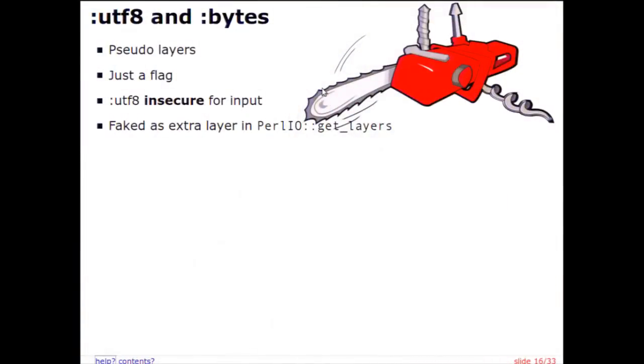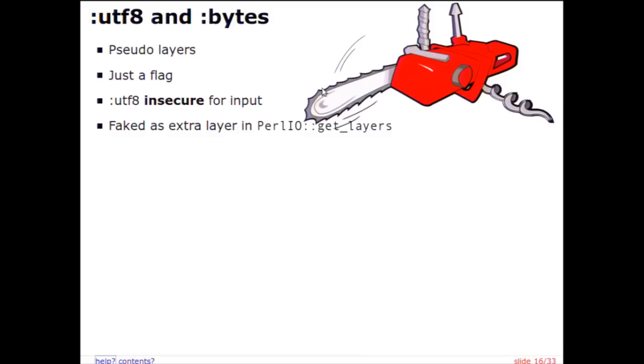And then there's UTF-8 and bytes. Did I mention I hate them? In Perl, as some of you may know, scalars have a flag: is this string Latin 1 or is it UTF-8? This is generally considered a bad idea.